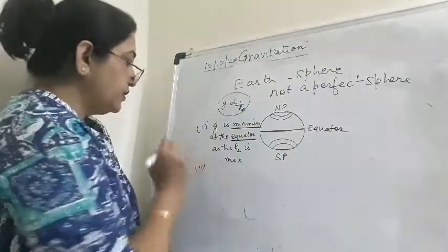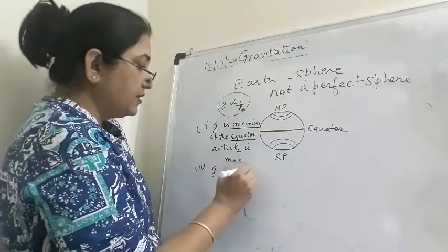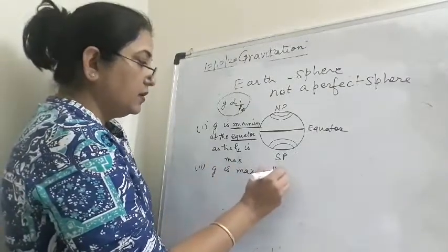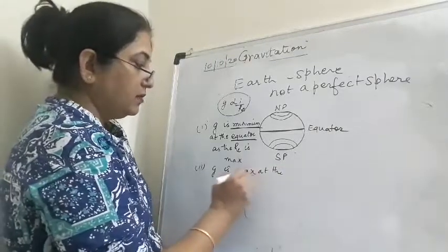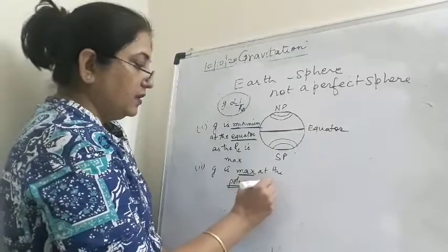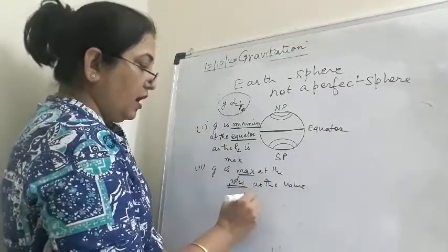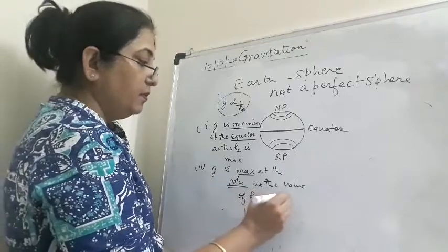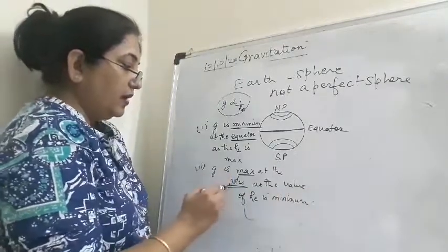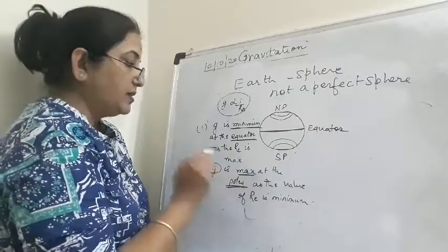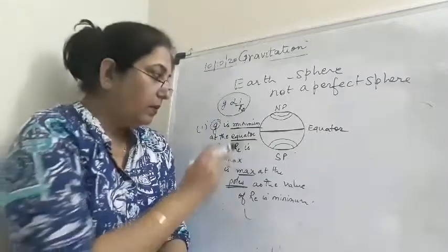Second point is G is maximum at the poles, as the value of Re is minimum. So therefore at the poles G is maximum, and G is minimum at the equator.